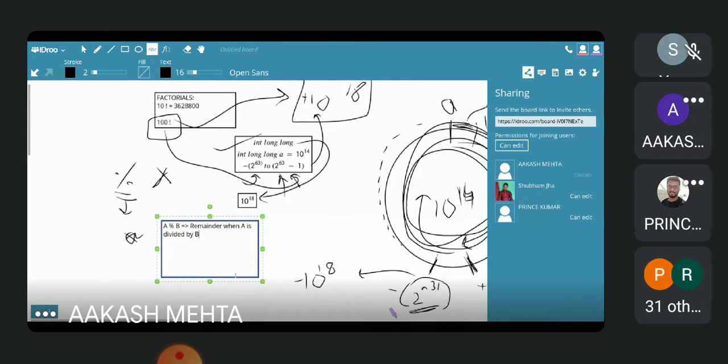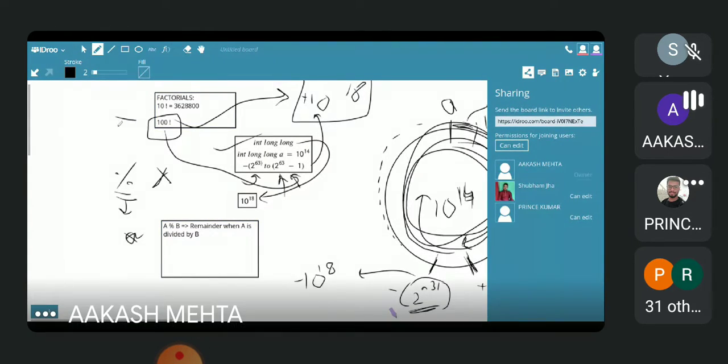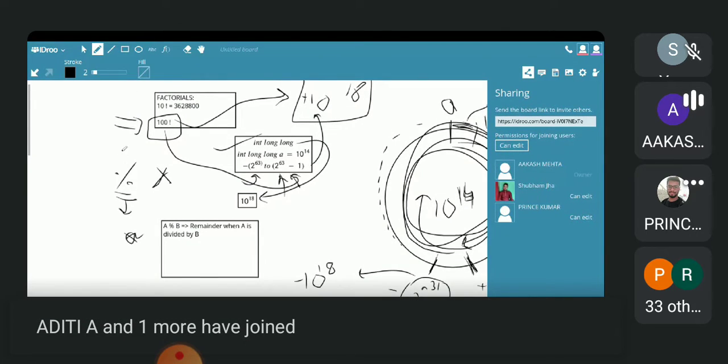As we see, this number, 100 factorial, is quite large. So most of the time you will be asked to compute 100 factorial modulo some number x. Why is this done?